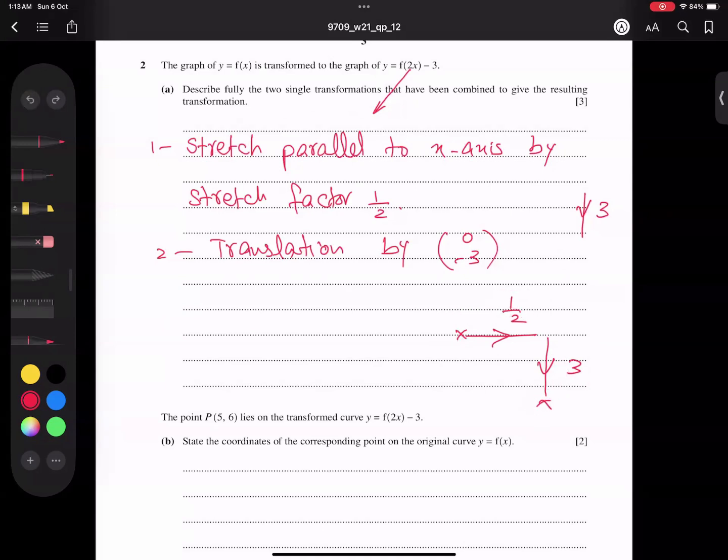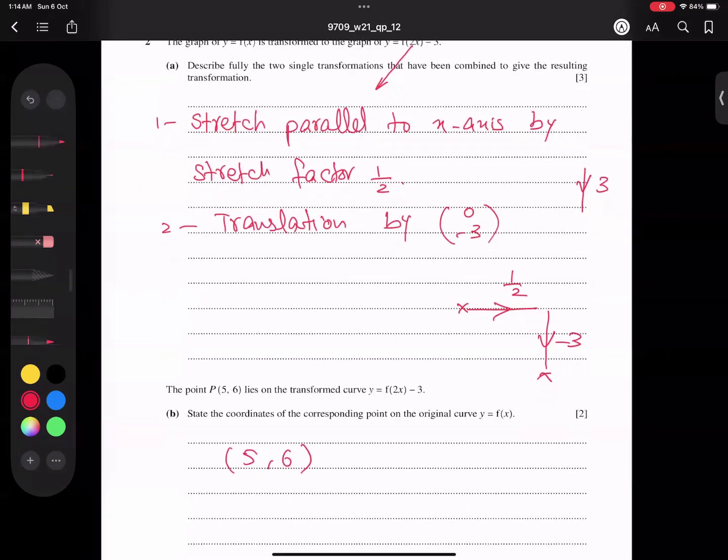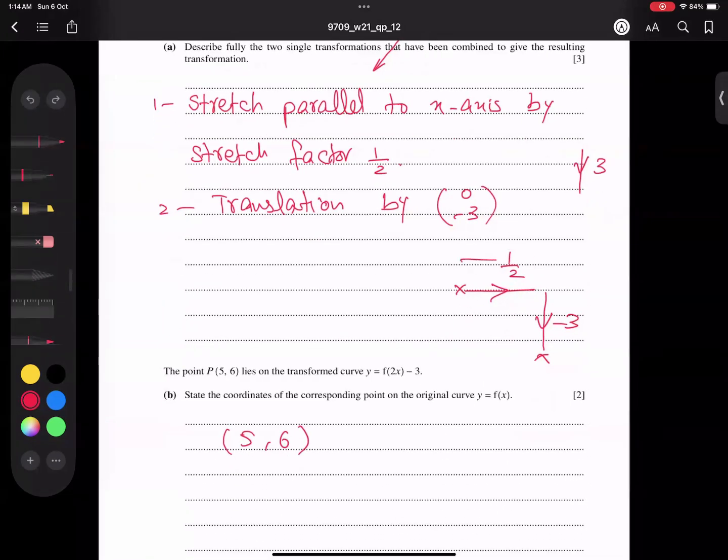So how can we go backward? This way and this way we go backward. So let's see how we can get it. In this situation, this -3 will go backwards to +3. So the point is actually (5, 6). This is half, and what is the opposite?